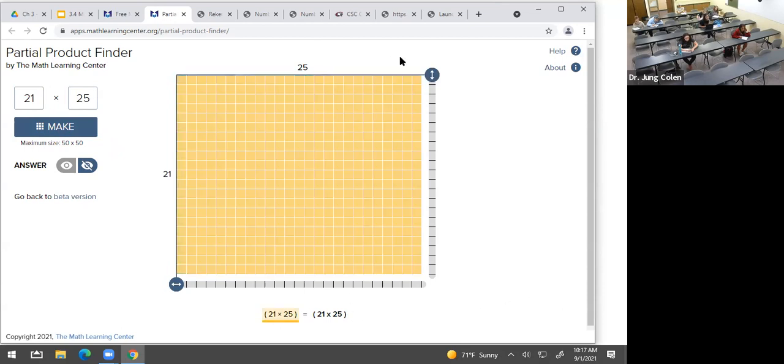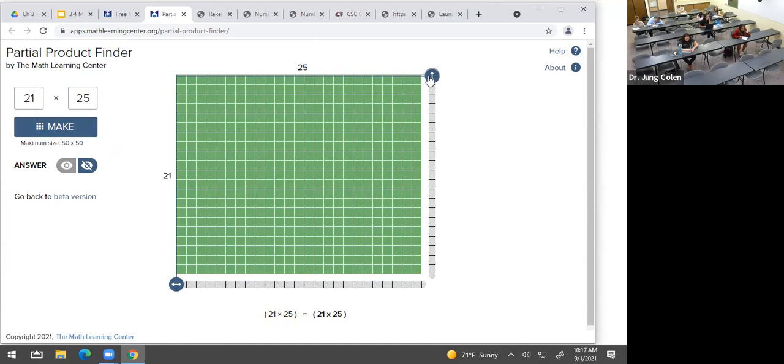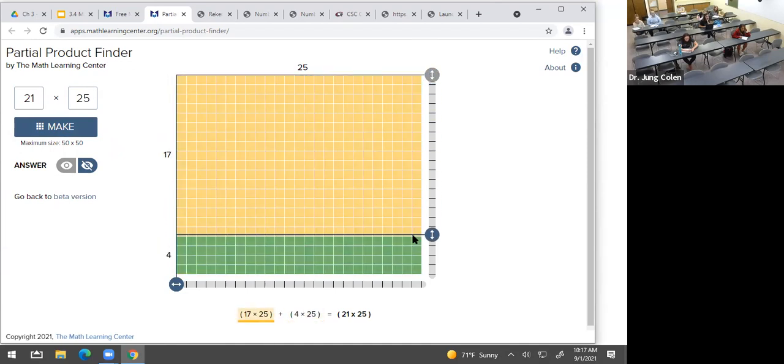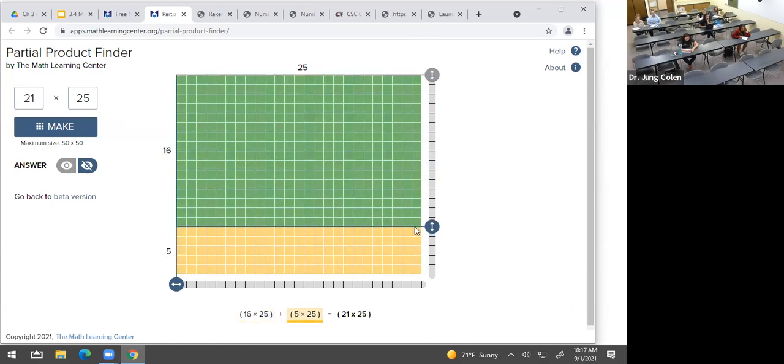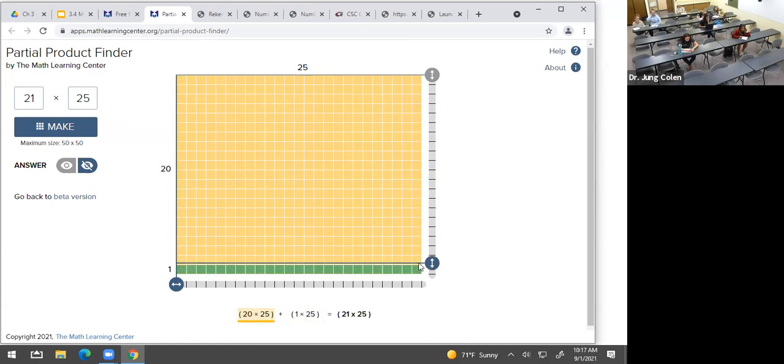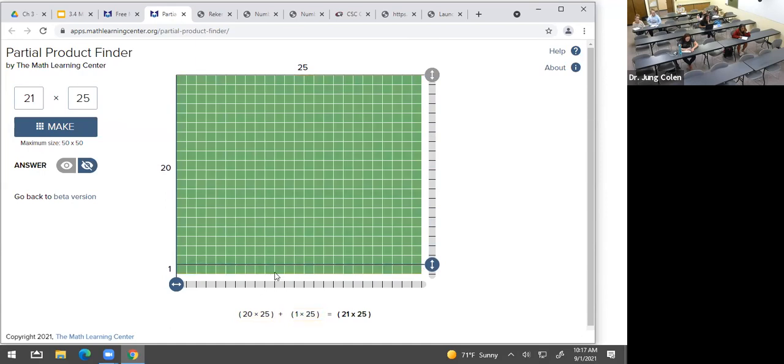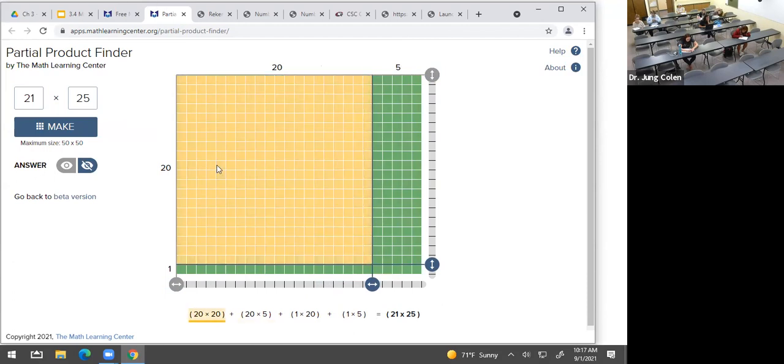So what we can do is decompose these numbers. This is 21, so 20 and 1, and this one as 20 and 5. So I made 4 different partial products there.